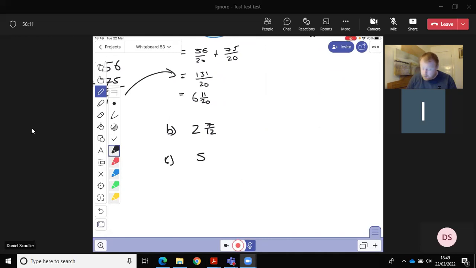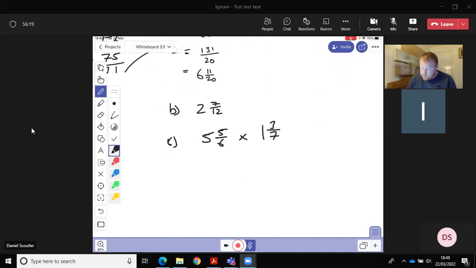C was a multiplication, 5 over 6 multiplied by 1 and 3/7. Same start process, so taking that whole number and multiplying it by the denominator, the denominator being the bottom number. So 5 times 6 is 30. We add that onto the top line, giving us 35 over 6.